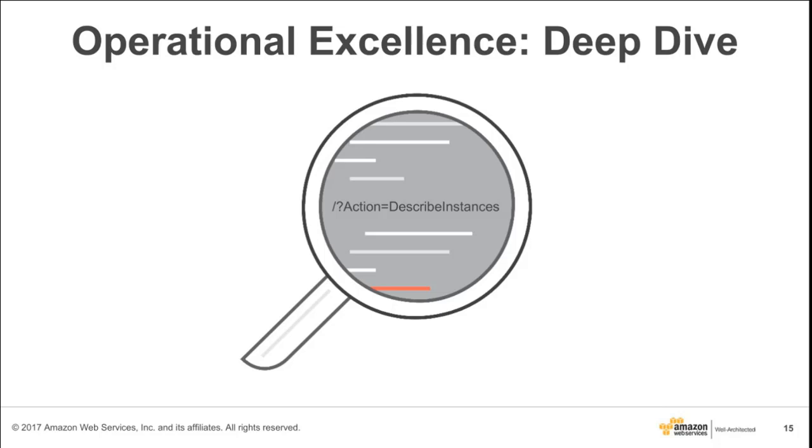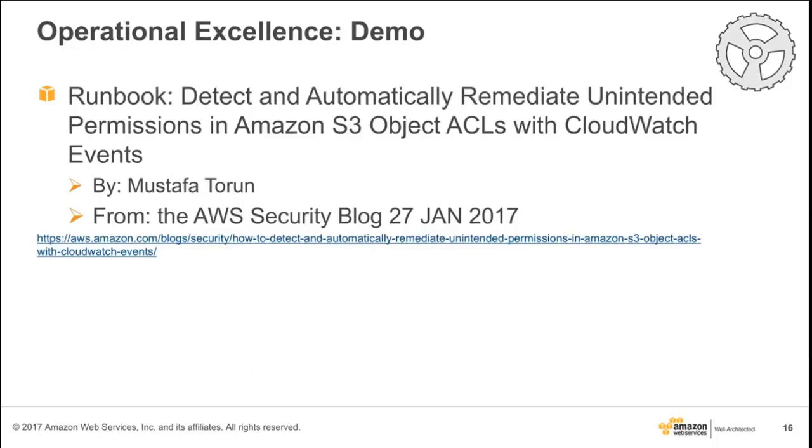Now we'll look at an example of operational excellence that can be accomplished in the cloud. As we all know, runbooks are created for well-understood events and operational activities. Here we'll look at a security blog written by one of my colleagues, Mustafa.